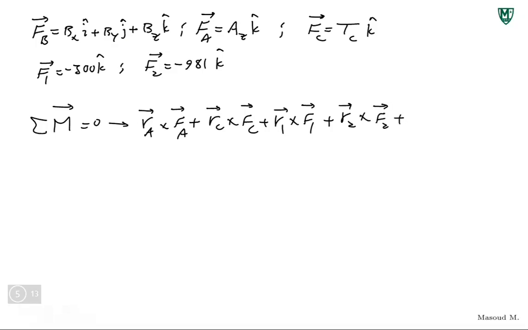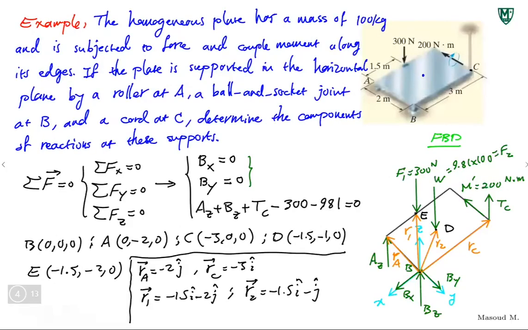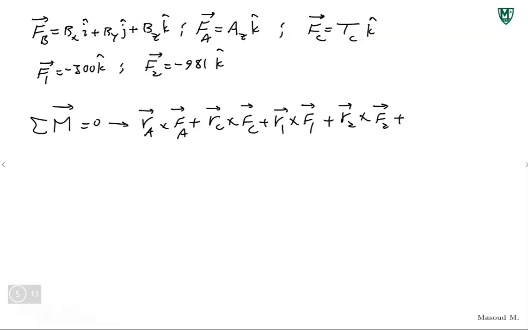Plus, keep in mind, we had all these forces creating moments, and we have M prime there. M prime is the couple moment that is already there, in Y direction, so minus whatever value we get there. I'll just write it here as a vector for now.